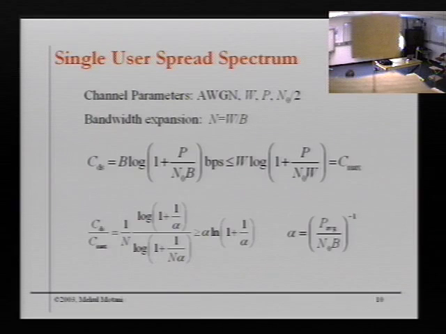Okay? And if I look at the capacity for unconstrained signaling, for direct sequence, where I'm using bandwidth B, the capacity is given by this. That's going to be less than if I don't constrain it to do spread spectrum. And let's look at the ratio of this. So this is going to be our parameter. So let's look at the ratio of spread capacity to the maximum achievable.